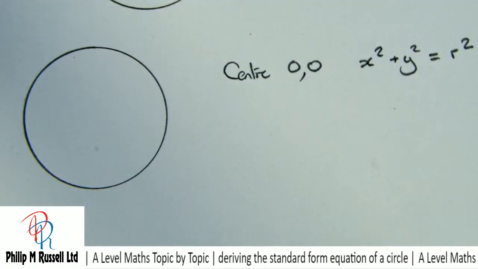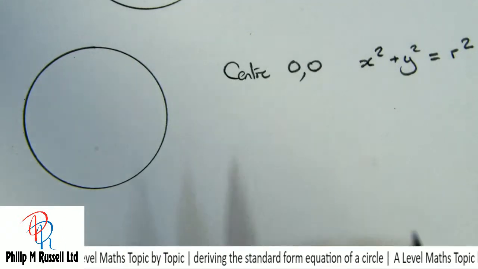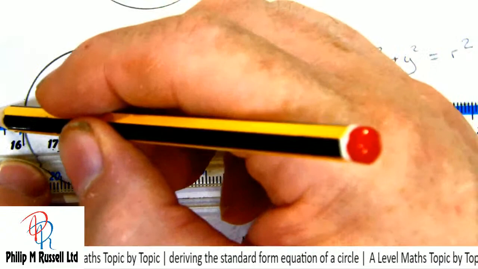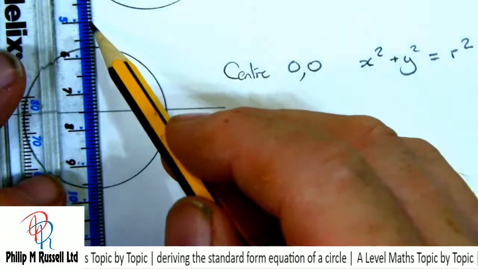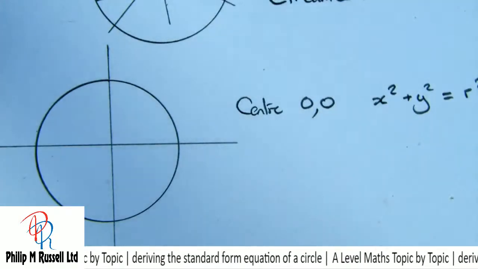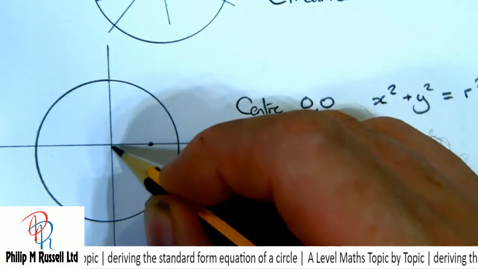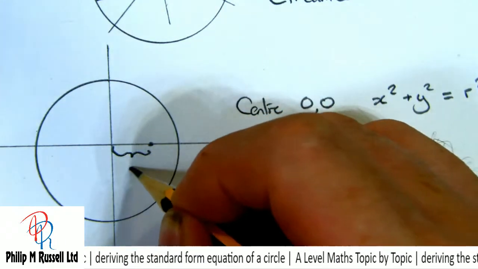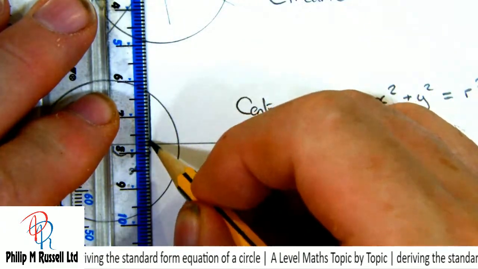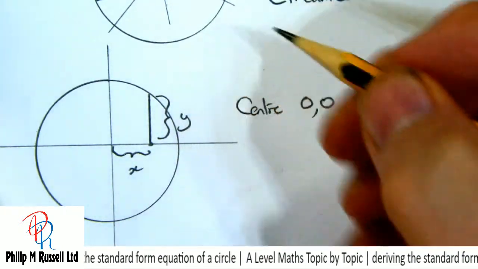Let's explain this. So I just chucked the ruler on the floor. Let's imagine that this circle does indeed have its center here. Yeah, I can see it's not quite. Now, to work out the radius, we need to have some sort of measurement in the x direction, and we need to have some sort of measurement in the y direction.